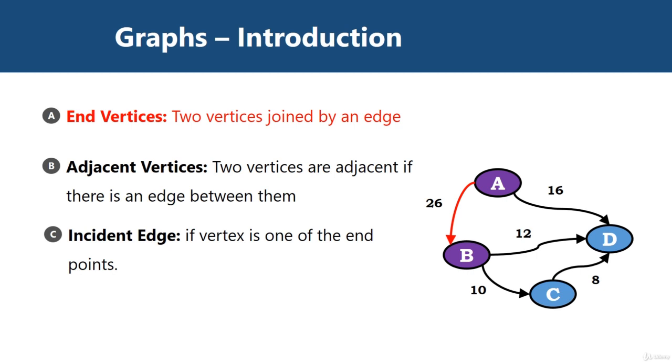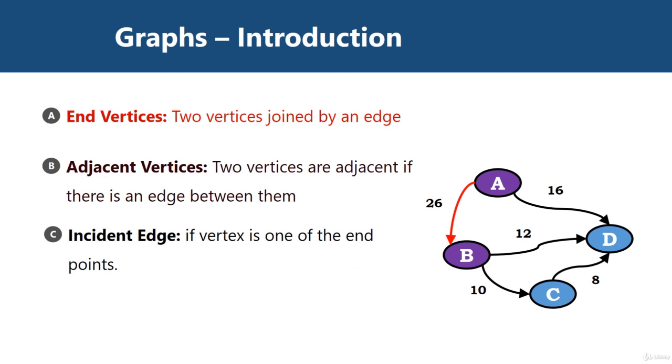If the edge is directed, the first endpoint is the origin, and the other endpoint is the destination of the edge. For example, in this graph, the edge from vertex A to vertex B is a directed edge. So, vertex A is the origin and vertex B is the destination of the edge.